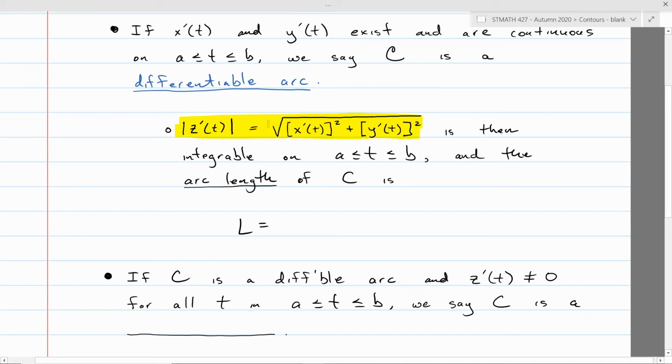Because x prime and y prime exist and are continuous, the square root of x prime of t squared plus y prime of t squared is a continuous function. And if it's continuous, it's integrable. When you integrate that expression, you end up with the arc length of the curve.